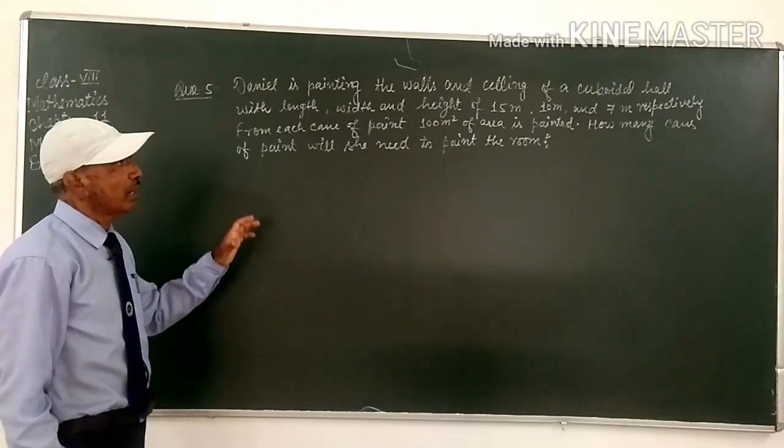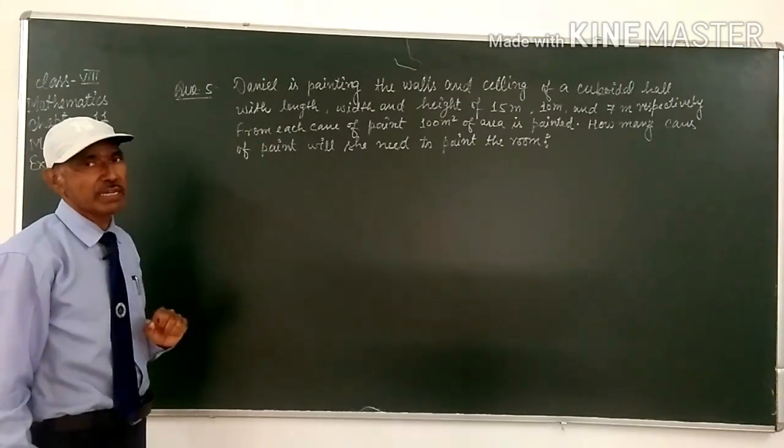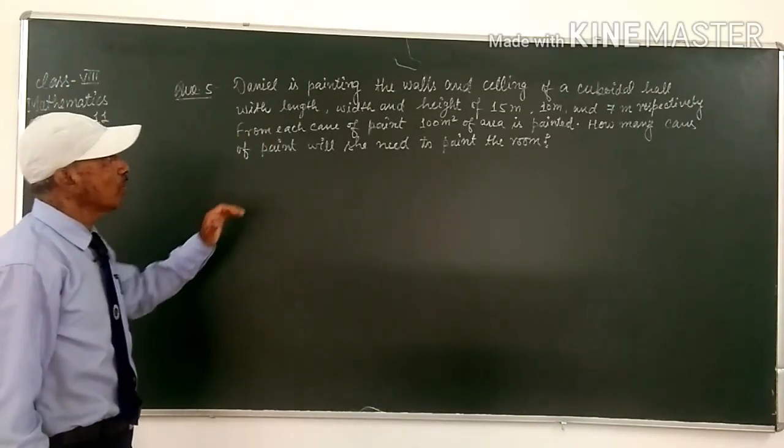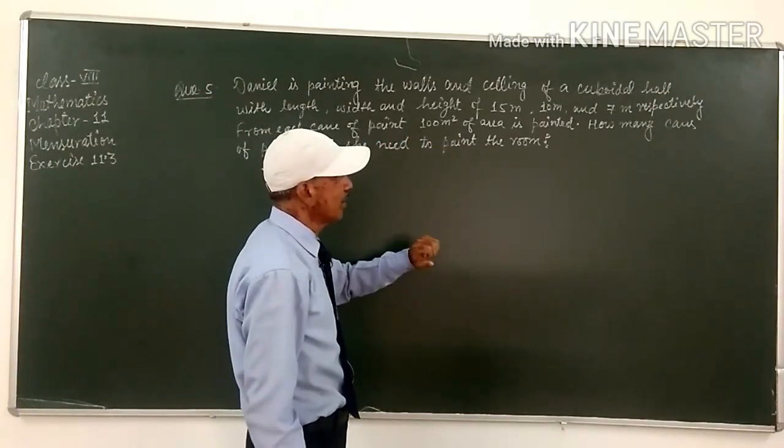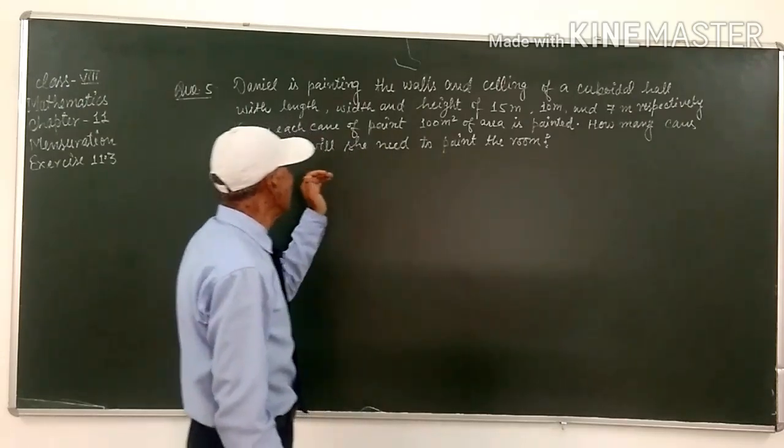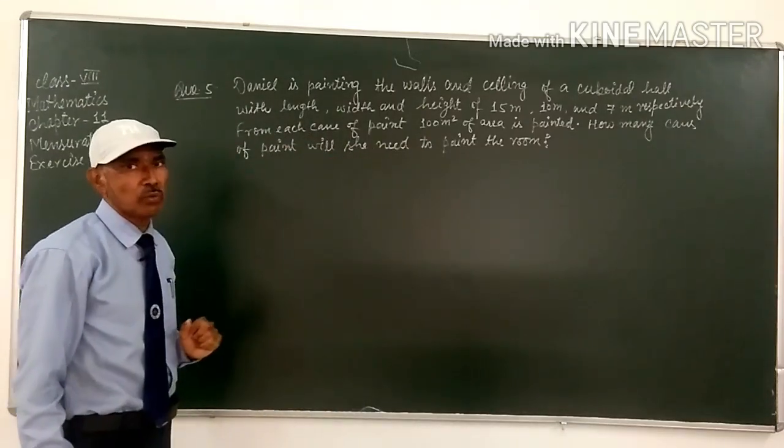Clear students? And this hall is in cuboidal shape. Now in one can she can paint 100 meter square. Then how many cans will she need to paint the room?